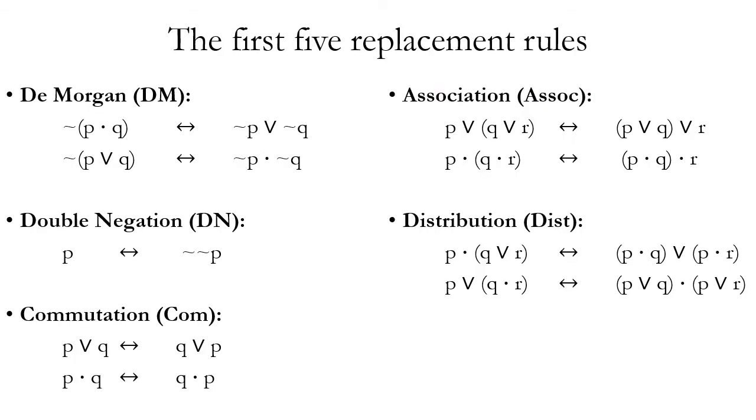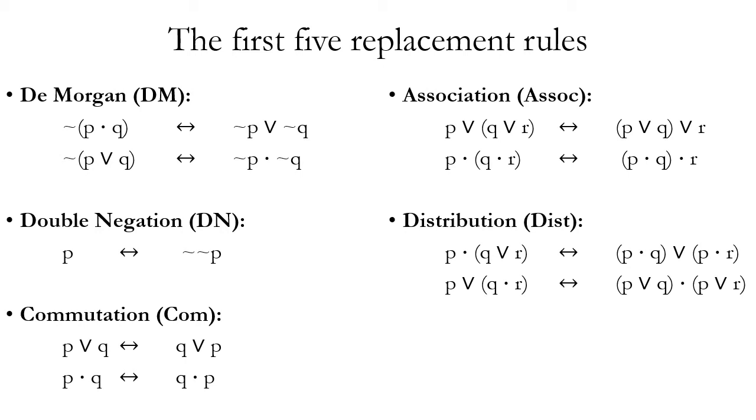So here's a summary of the first 5 replacement rules. De Morgan's allows you to go from a negated conjunction or a negated disjunction to a disjunction of negations or a conjunction of negations, or vice versa. Double negation allows you to add or remove 2 tildes from a proposition. Commutation allows you to switch the order of disjuncts or conjuncts.